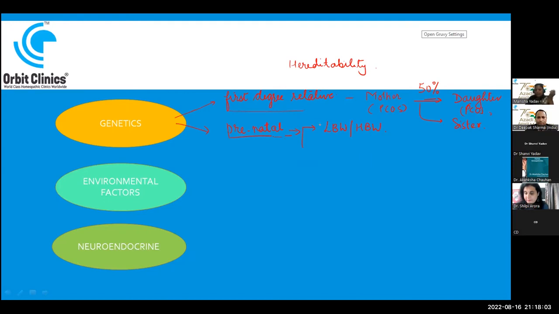So if there is a history of low birth weight or high birth weight in that fetus, there is a chance of development of PCOS postnatally. Postnatally means 2 to 3 years after her birth, she may become obese.